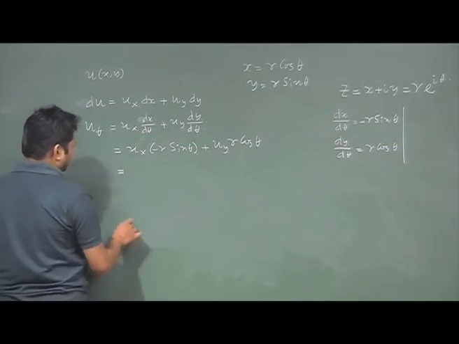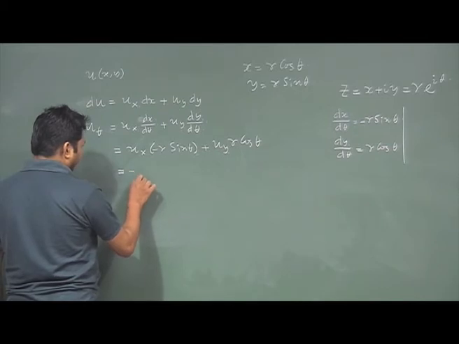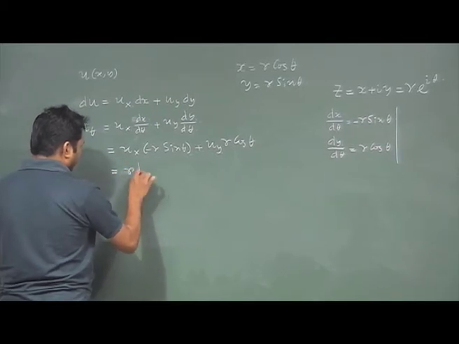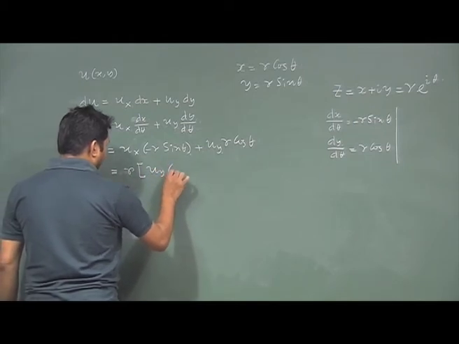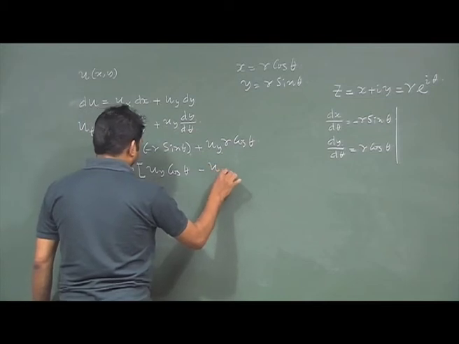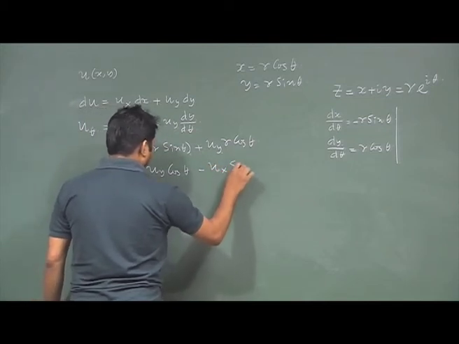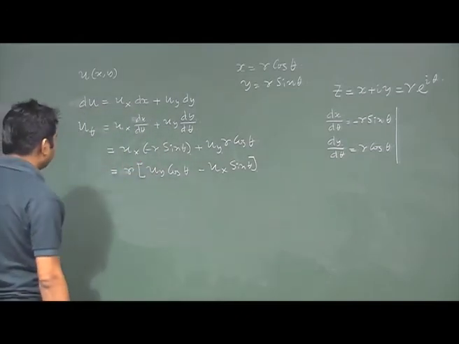So, it is r, uy cos theta minus ux sin theta. Okay, I will have one expression in my hand, something like this.